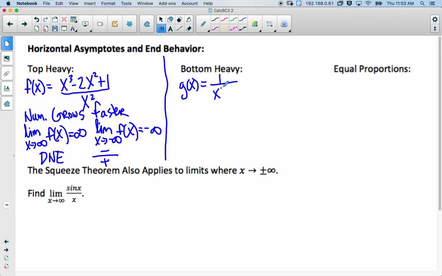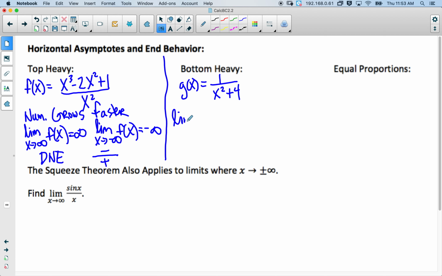Now in this case, the degree of the denominator is 2, and the degree of the numerator is really like x to the 0. There's no variable here, so this is always going to be 1, and at infinity, the denominator is just growing without bound. So think how big this denominator is. 1 divided by a really, really big number is practically 0. 1 divided by 1,000,000 is approximately 0, very close to 0.